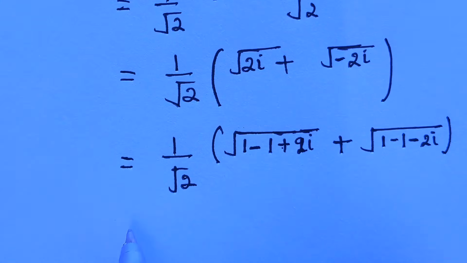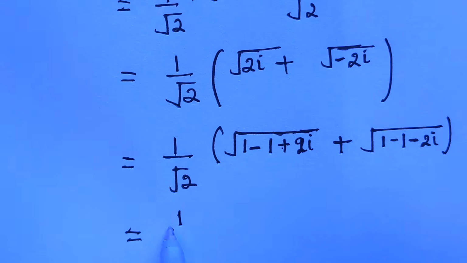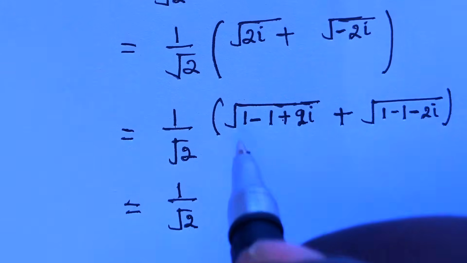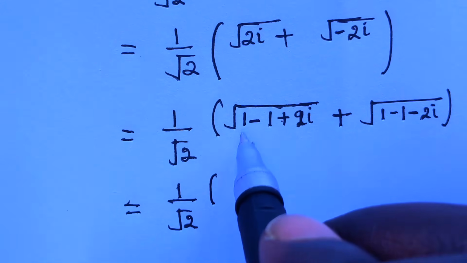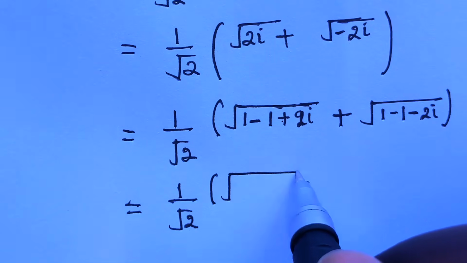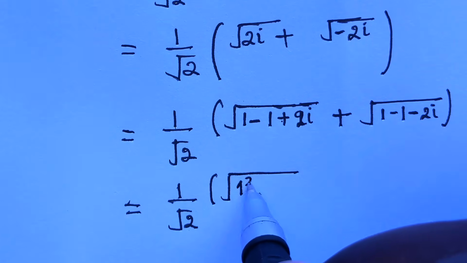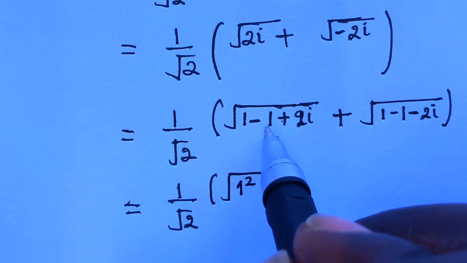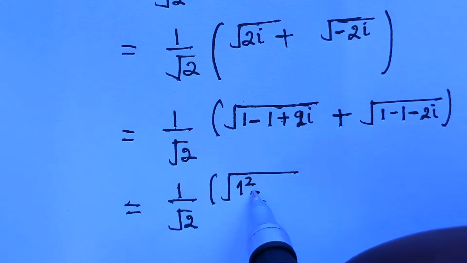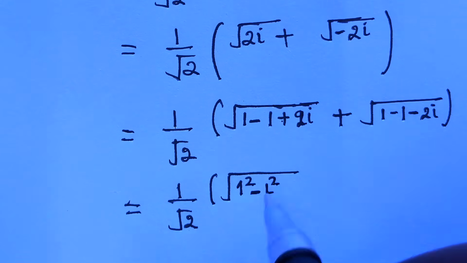So here we shall say equal to 1 over square root of 2 and open bracket, we can say this is the square root of 1 squared, then this minus 1 is equal to I squared.